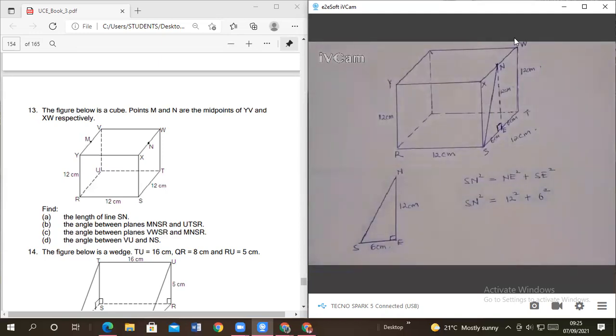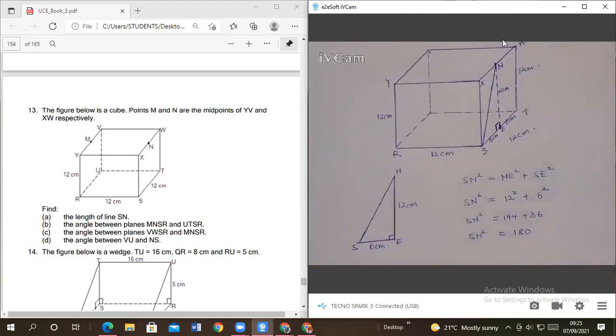So you work out and you give me the answer from there. 144 plus 36. What do you get? SN squared equals 180. Square root of 180.